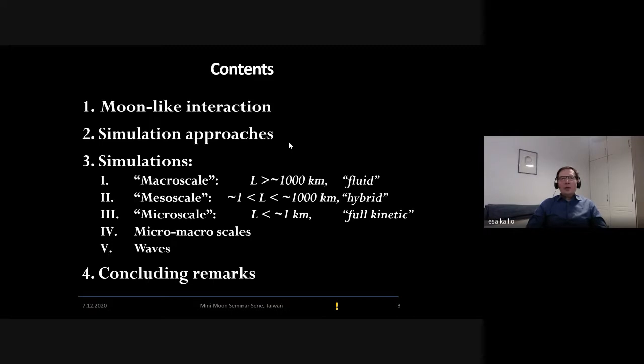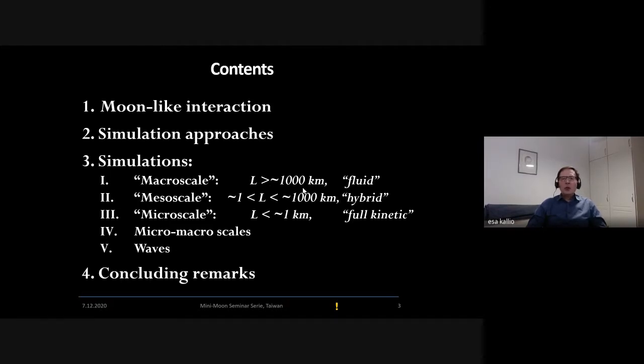I have tried to divide those different groups based on physical processes, but the physical processes have a typical length scale, so I have also tried to divide it by using different length scales. I start by introducing macroscale simulations, so fluid simulations, order of 1,000 kilometers and more.